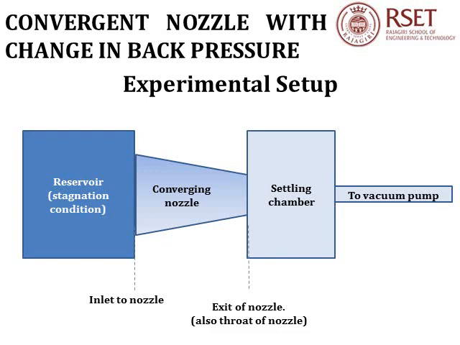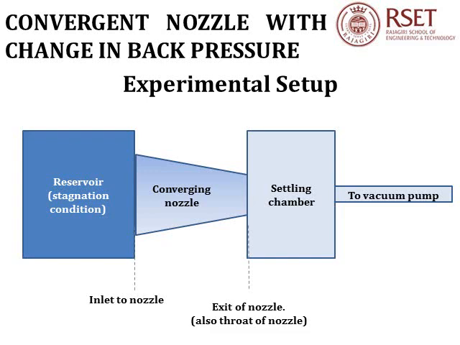A converging duct is fixed to the reservoir. A settling chamber is connected to the other end of the converging nozzle. The converging nozzle will exit the fluid into the settling chamber. A pipe goes out from the settling chamber which is connected to a vacuum pump.